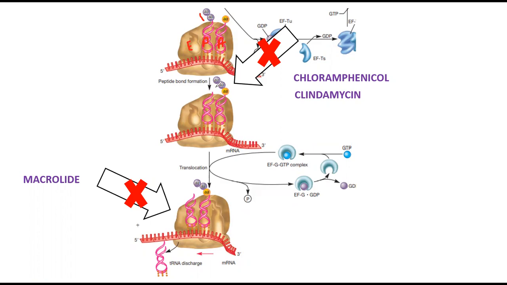So all the enzymatic activity is performed by the 50S ribosomal subunit. In simple terms, these two amino acids will bind to the new amino acid and the chain will elongate. So this is the elongation process. What does chloramphenicol and clindamycin do? They do not allow this transpeptidase reaction.